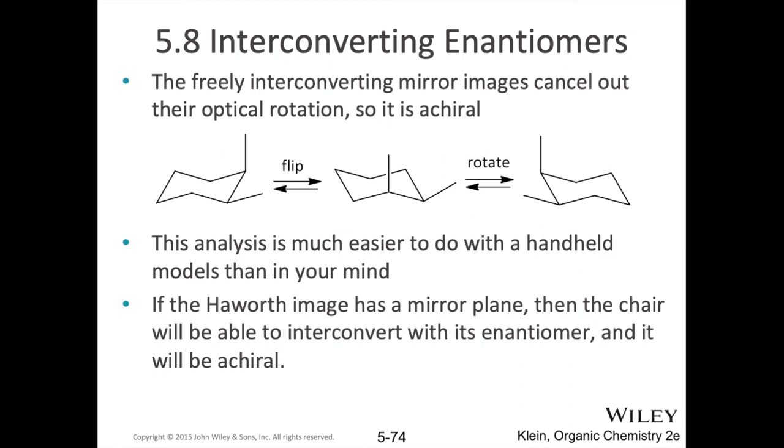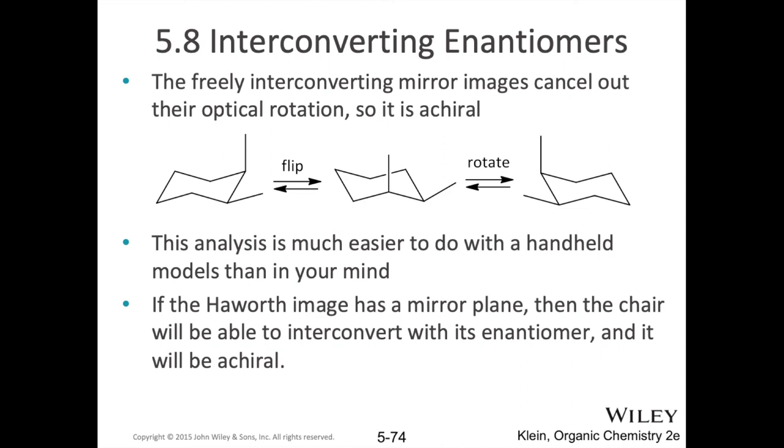Okay? So even though there are two chiral centers, and there is no mirror plane within the molecule, this is another example of those molecules where it's not immediately obvious that it is achiral. If you do draw the mirror image, it's actually the same molecule, and you can do manipulations to see that.